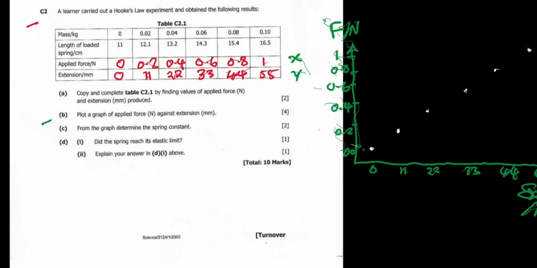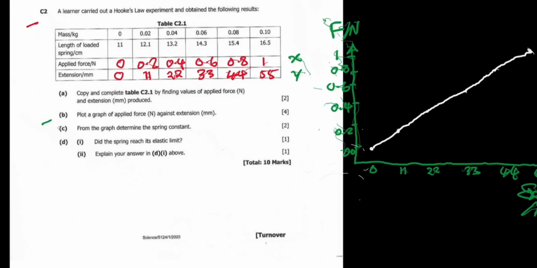So when you connect the line, notice that you have this straight line, and that shows that this line is obeying Hooke's law, because the extension of the wire is proportional to the force applied, and this is what is happening. So this obeys Hooke's law in that particular case.